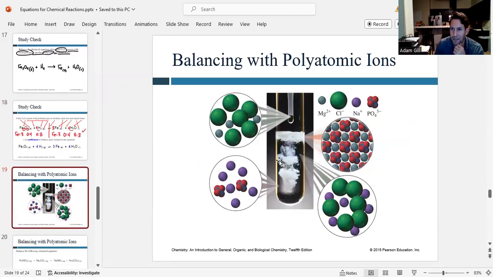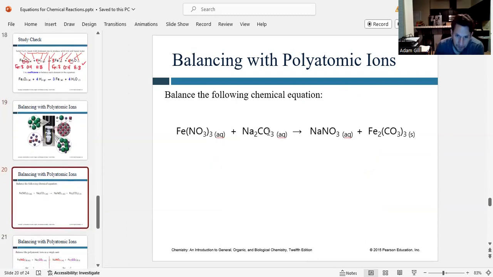Now, to make it a little more complicated, we're going to do balancing some reactions that have polyatomic ions. It's not any harder. It's the same concept, but it just looks a little more confusing. Let's do an example. We're going to balance this equation here. Now, I want you to notice the nitrate.